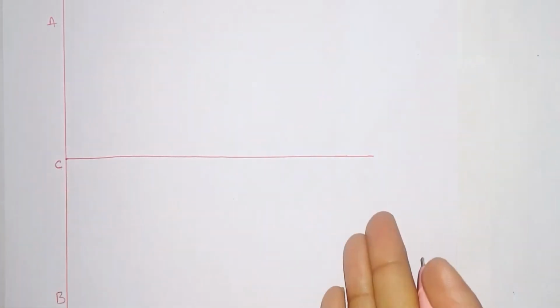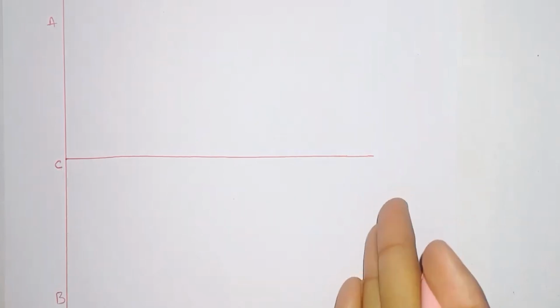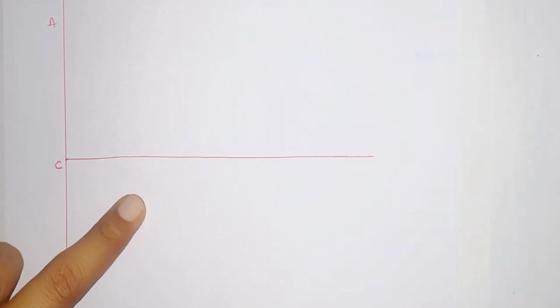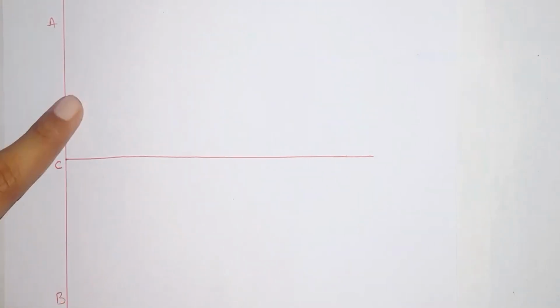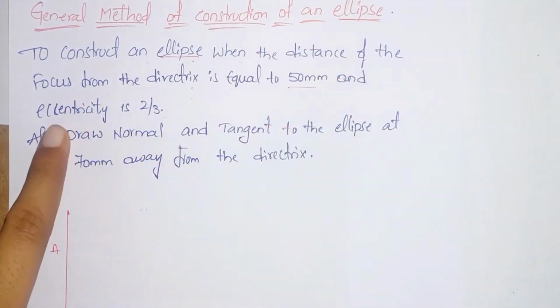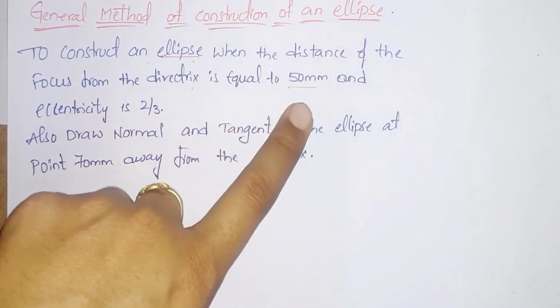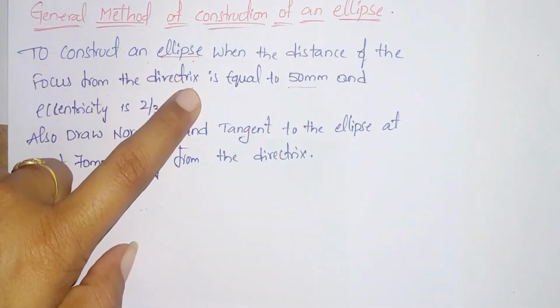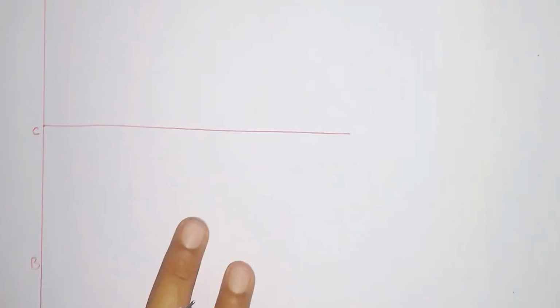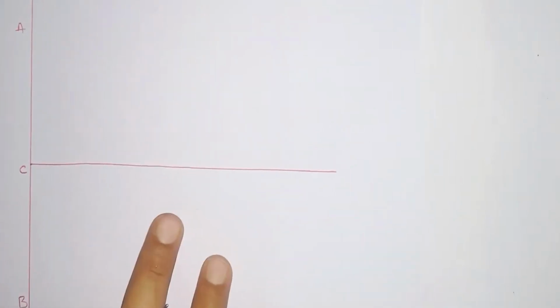After completion of the ellipse, we put C prime at the end point. The vertical line is the directrix and the horizontal line is the axis. From C to F, the distance of the focus from the directrix is 50 mm.